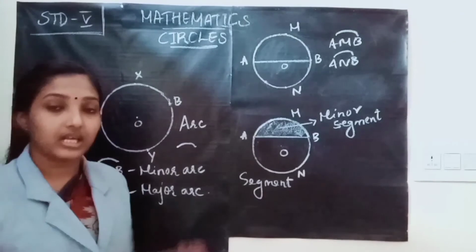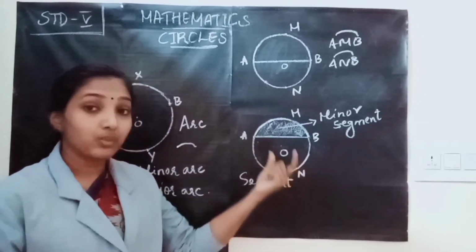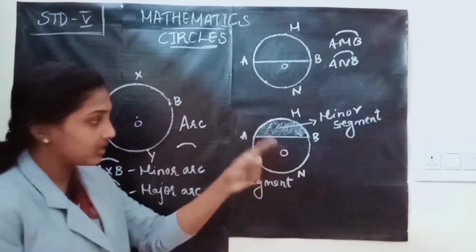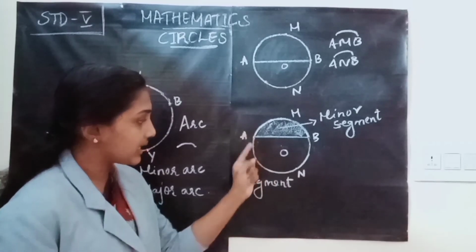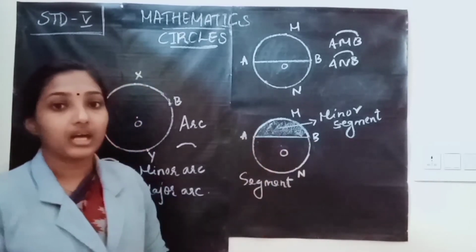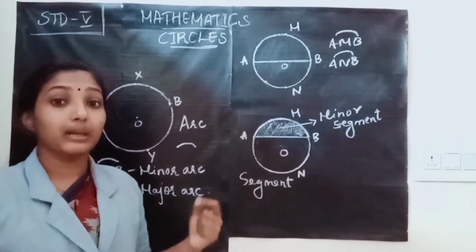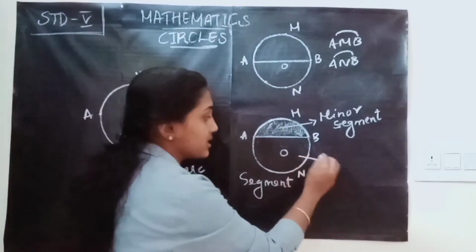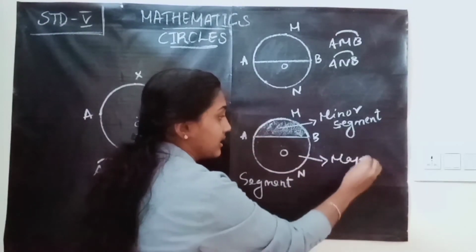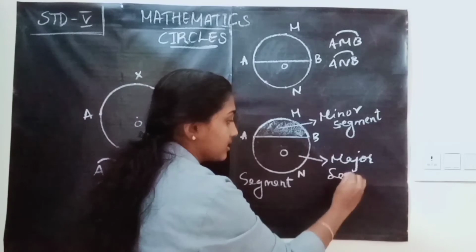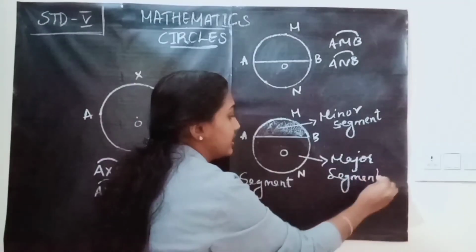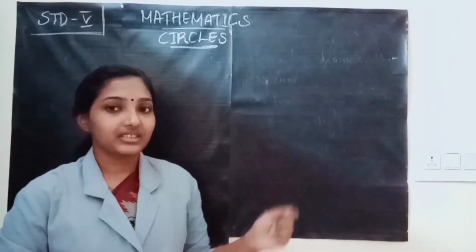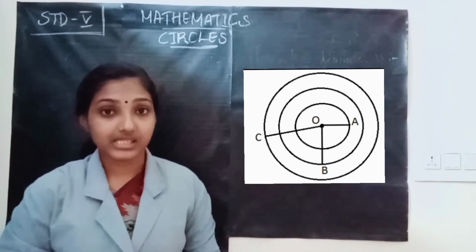And the segment which contains the major arc, here our major arc is arc AYB, is called the major segment. So this portion is called the major segment of the circle.